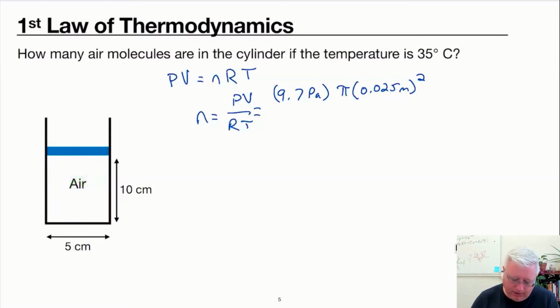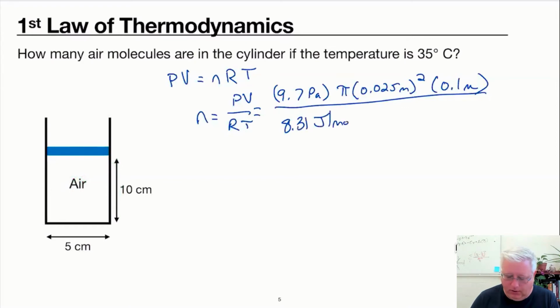So now the height we're going to use is the height of how high the piston is up, right? The height of the air. So that would be 0.1 meters. R is our universal gas constant, 8.31 joules per mole Kelvin.